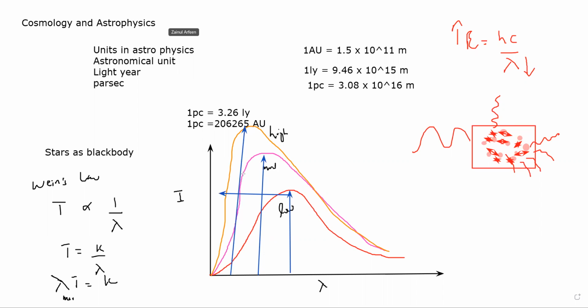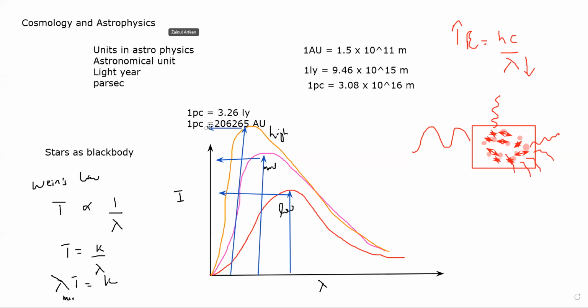So according to Wien's law, λ max is inversely proportional to temperature. If you have a black body at a high temperature, it will emit a shorter wavelength as compared to a black body at a lower temperature.